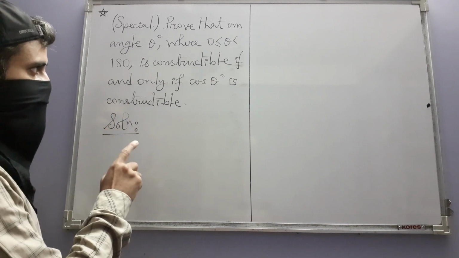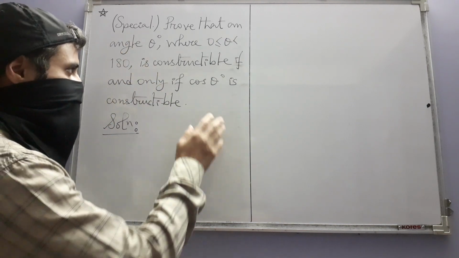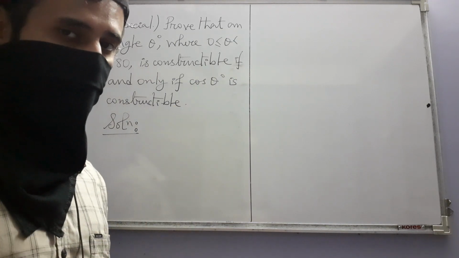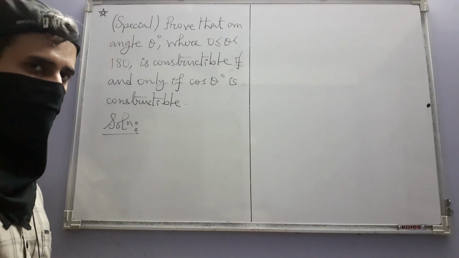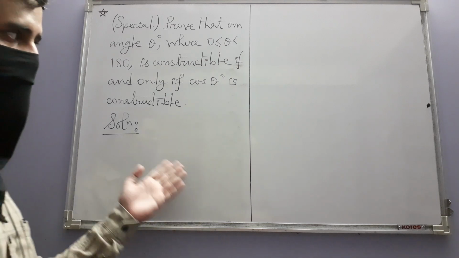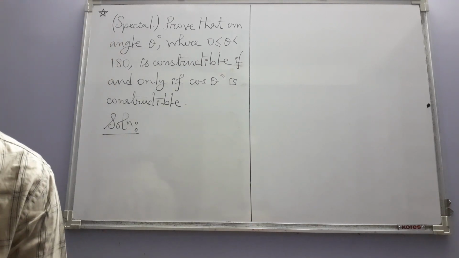So this exercise claims that that is the case if and only if the cosine of the angle is also a constructible real number. So let us first establish this fact and then we will see what comes next. How using this and those corollaries we will answer some geometric things.